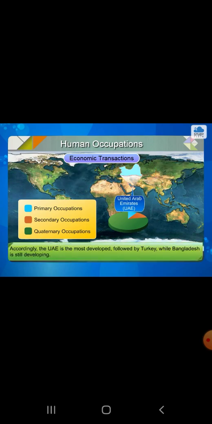Countries which have more manpower engaged in tertiary activities are considered to be developed countries, while countries which have more manpower engaged in primary activities are considered to be developing countries. Accordingly, the UAE is the most developed, followed by Turkey, while Bangladesh is still developing.